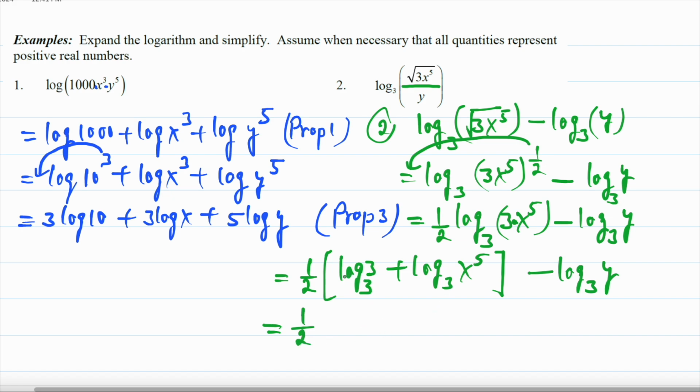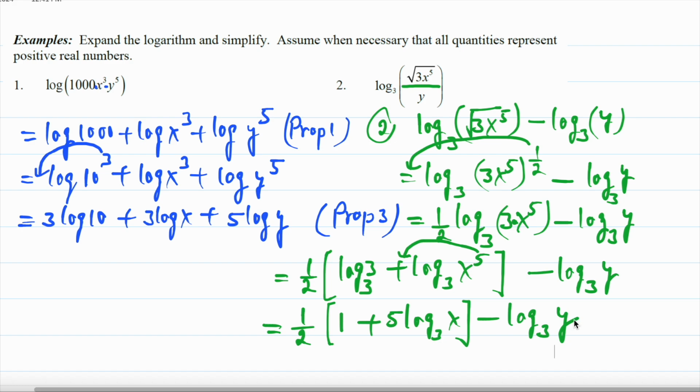Okay, now next step is 1 over 2 is outside, and then you can solve this. We know that log 3 base 3 is always 1, and there is a power here, we can bring it to the front, so it will become 5 log base 3 of x minus log base 3 of y. And you can do one more step if you want.